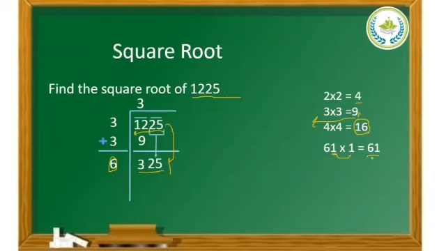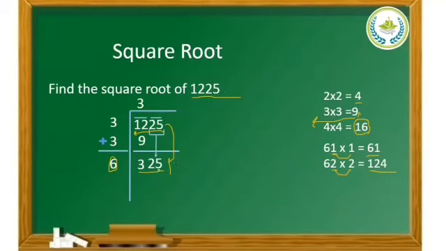61 is very small than 325. So I will write 2 with the 6 and multiply the whole number 62 with the 2, and the answer is 124. You can continue with this hit and trial basis. There is another way, which is this.